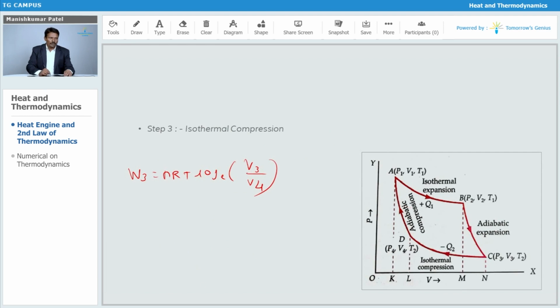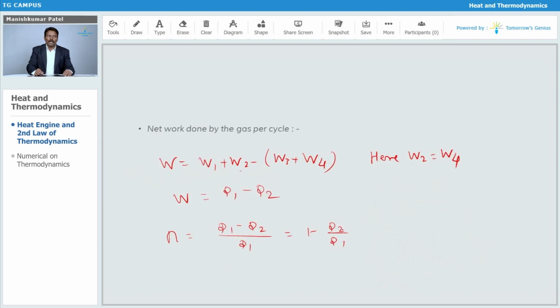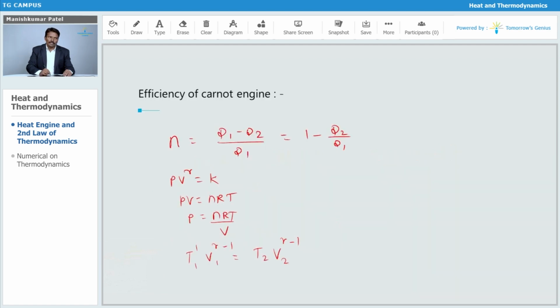Now we have to put the values of Q2 and Q1. Q2 is the heat released and Q1 is the heat gained. The process in which heat is gained is the isothermal process, so we can put the values for that also.